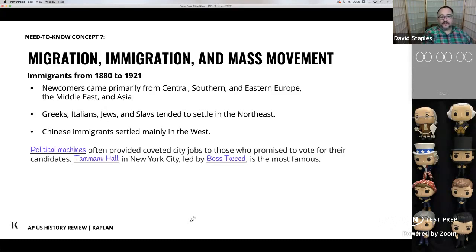Now, the political machines did provide jobs for people, but it was at the promise of their vote. And so these machines rose up in the big cities and were basically buying votes by providing things. It wasn't like they were providing really nice stuff, but when you had nothing and you had nowhere to go and nowhere to live and nowhere to work, anything was going to be helpful.